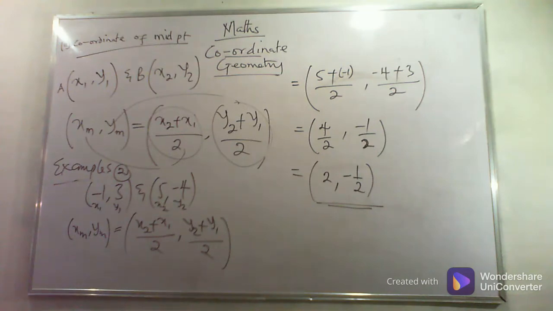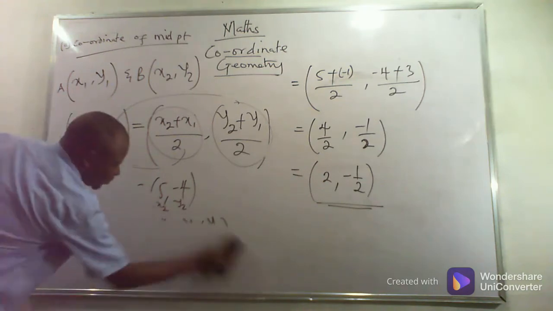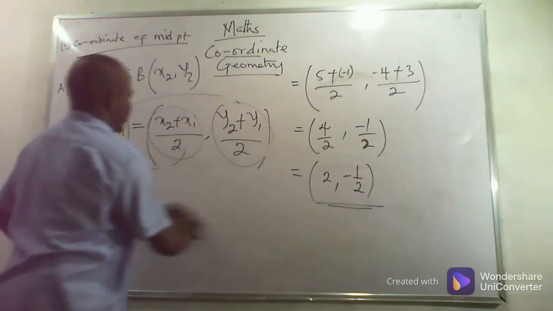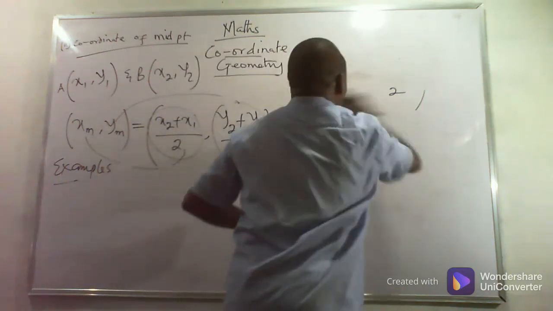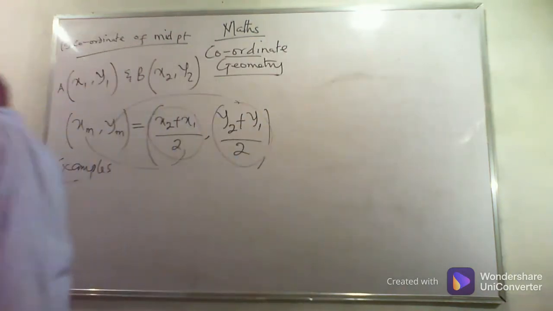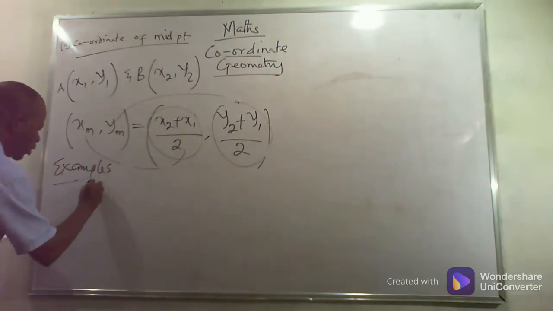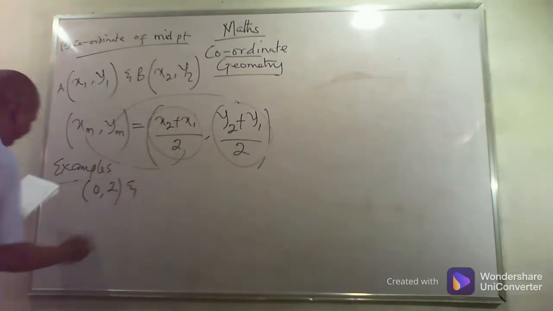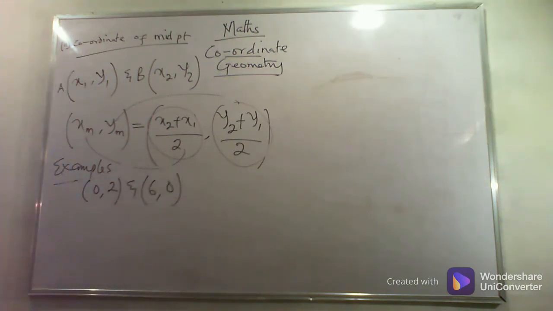Let's solve another example. Example number 3. The question says, find the coordinates of midpoint between 0, 2 and 6, 0.